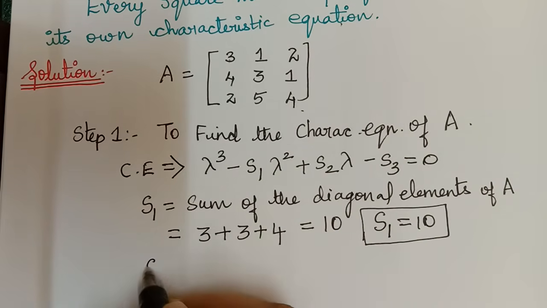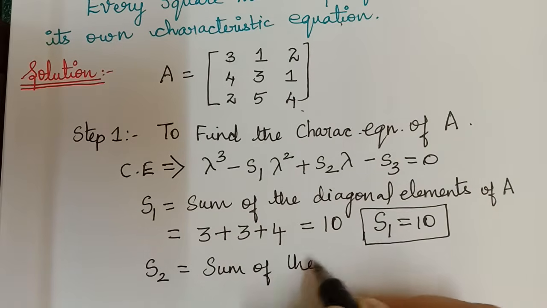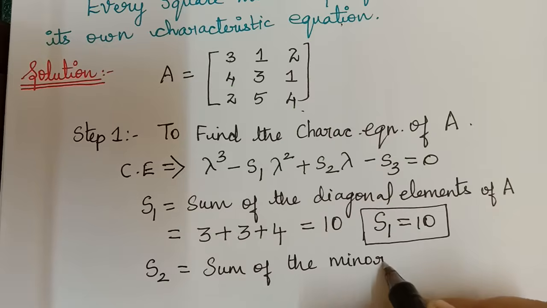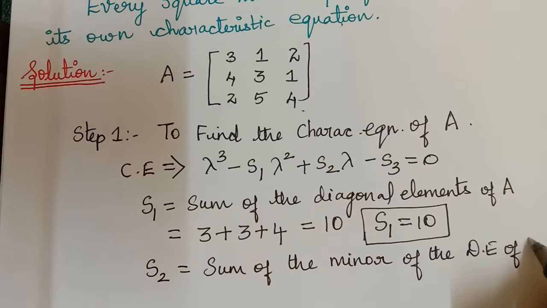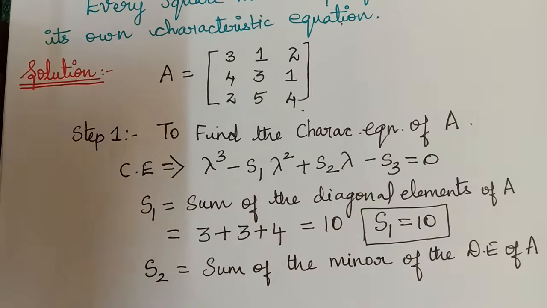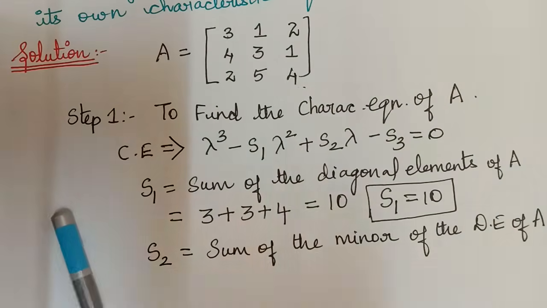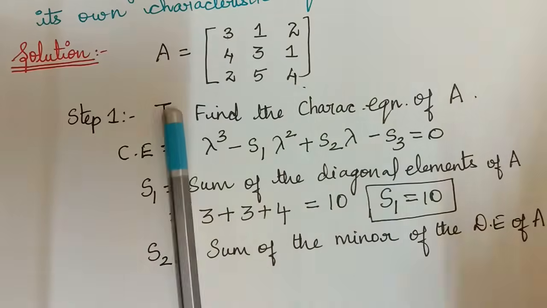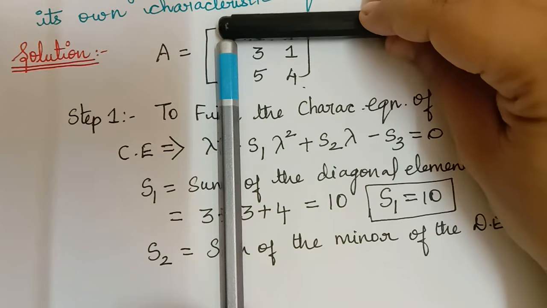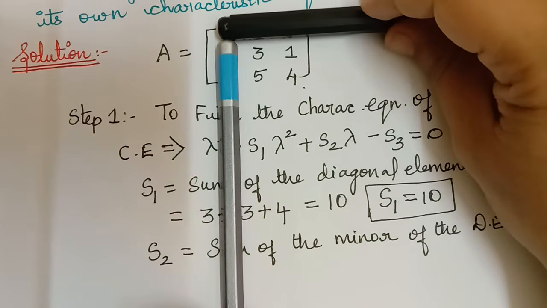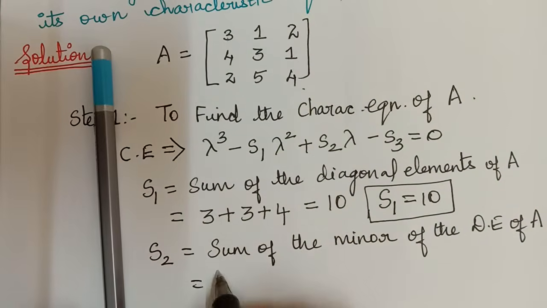Let us find S2. S2 is equal to the sum of the minors of the diagonal elements of A. So first we have to find the minors of the diagonal elements and add them. First we find the minor of the first diagonal element 3. We block the corresponding row and column and consider the matrix which is left out, that is 3, 1, 5, 4, and we write the determinant of that.